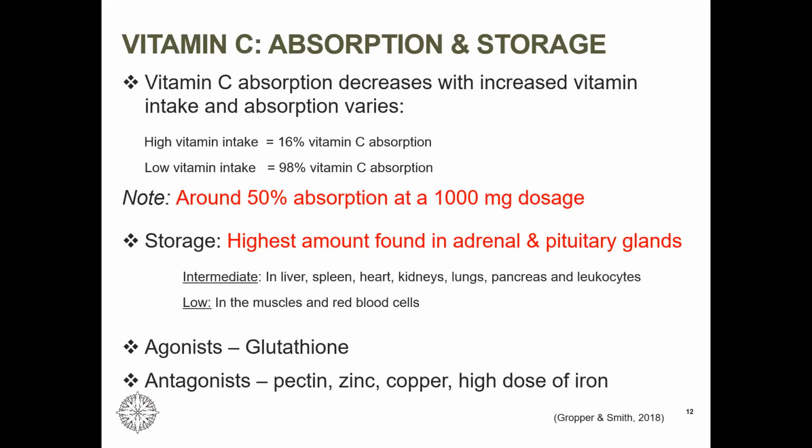So there is a chance that if we are consuming too much non-heme iron, vitamin C may have to be diverted away from its other function so that it can take care of that iron. So again, what we're trying to understand is that there has to be a balance of everything.